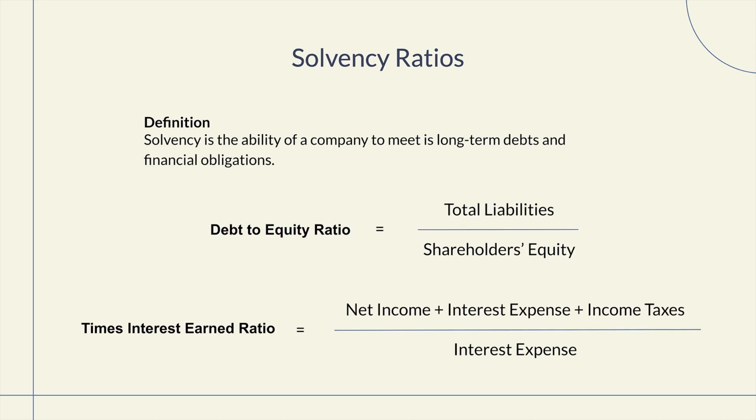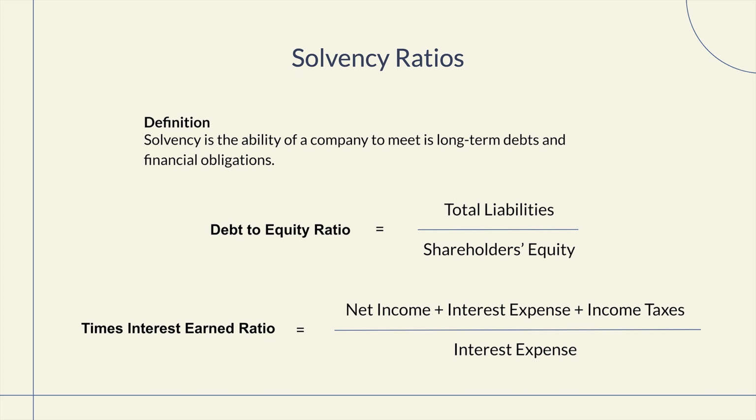Solvency ratios provide some indication of the riskiness of a company with regard to its ability to pay its debts. Investors and creditors, particularly creditors, are vitally interested in solvency. Two common solvency ratios are the debt-to-equity ratio and the times interest earned ratio.